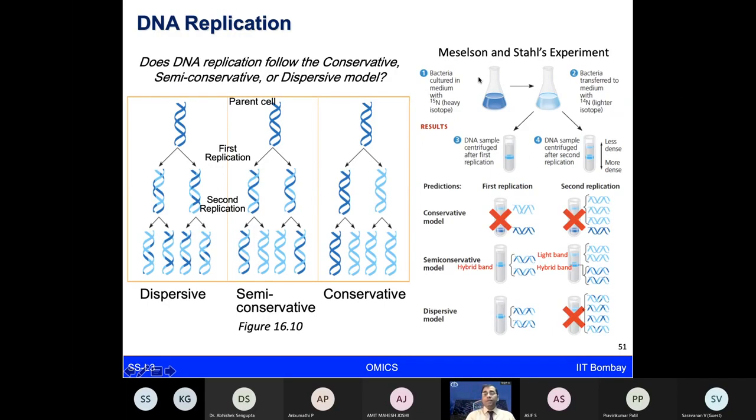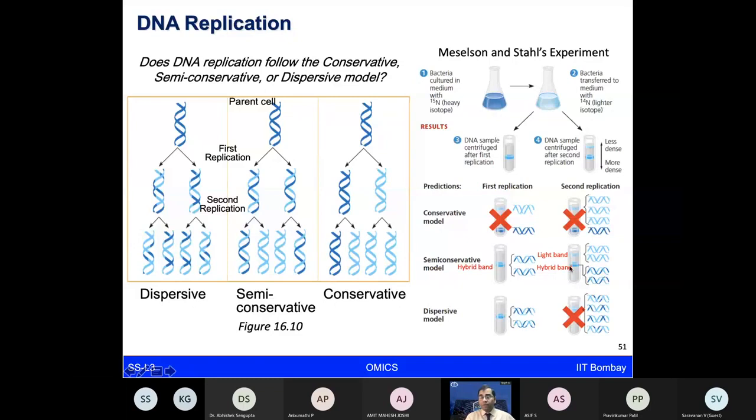What they did was take bacteria and grow them in a culture labeled with the nitrogen-15 heavy isotope, and then transfer them to nitrogen-14 lighter isotope media. After centrifugation, they looked at the density pattern of this DNA, now labeled with N15 and N14.